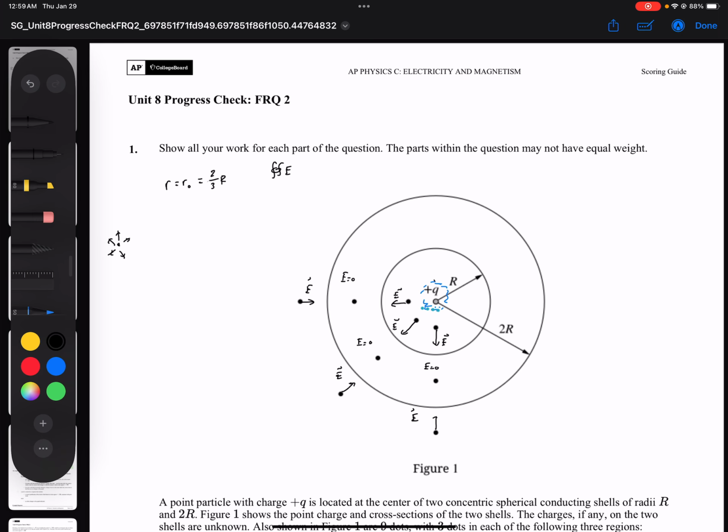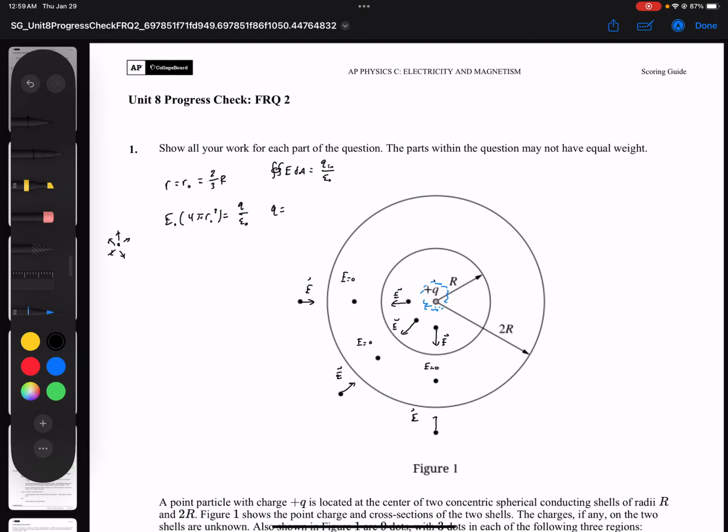We created our Gaussian surface, and the flux has to equal the Q inside divided by epsilon naught. The area of our Gaussian surface gives us the electric field strength E naught times 4 pi R naught squared, and that has to equal the charge inside divided by epsilon naught.